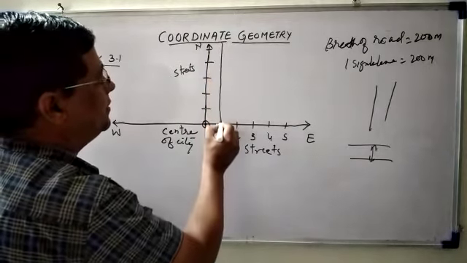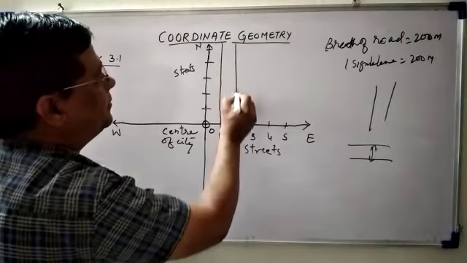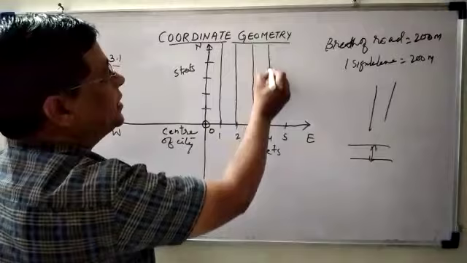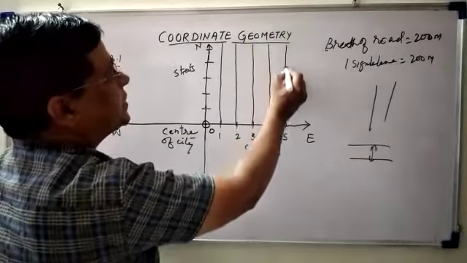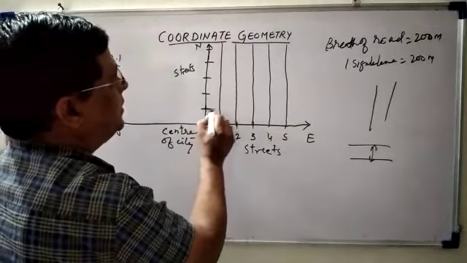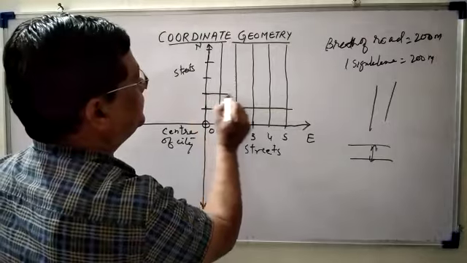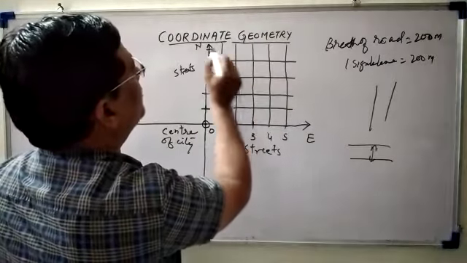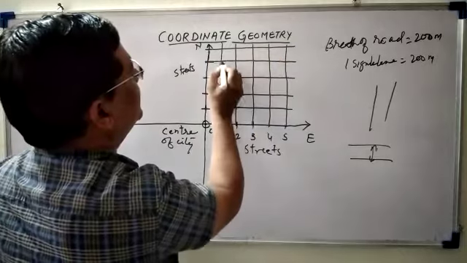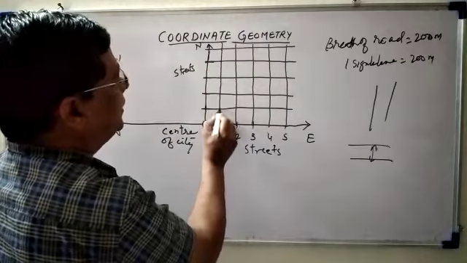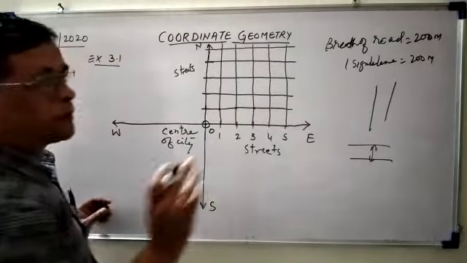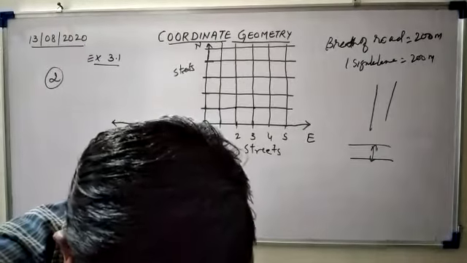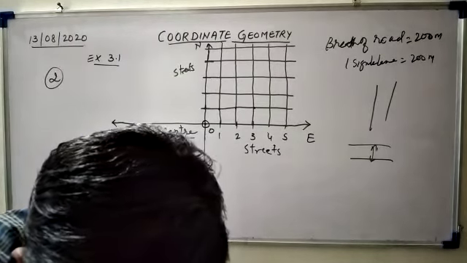This is the first street, second street, third street, fourth street, and fifth street. These streets cross each other. These are the points of intersection of the streets, here, here, here. So there are many cross streets in your model.